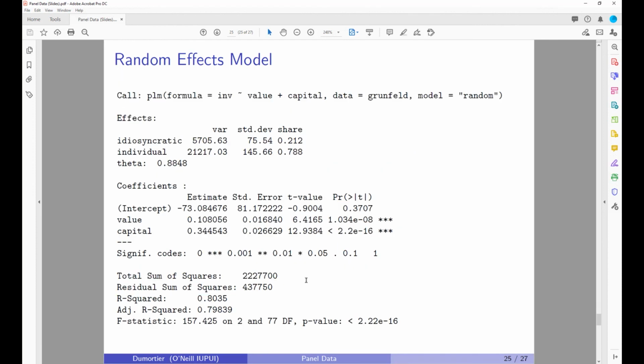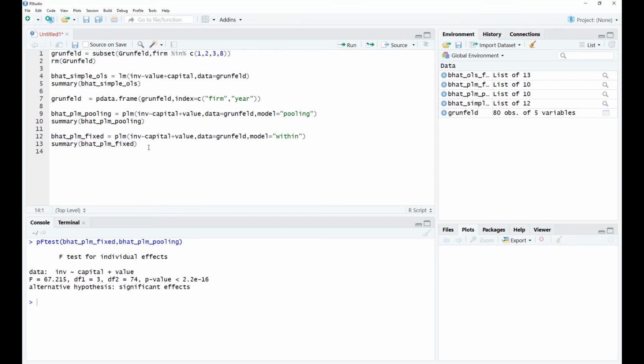To estimate a random effects panel data model, what we do is we specify the model as random. So how we would do this in R, we call this random.